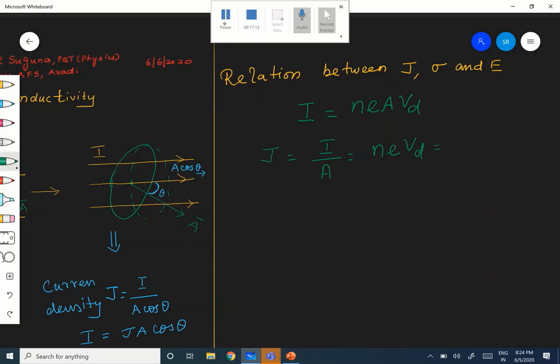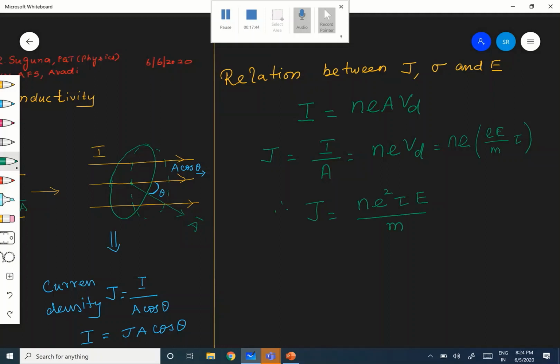How are they related? n e, and vd is e E by m into tau, already we have seen. Are you following? Therefore, J is equal to n e squared tau E by m.